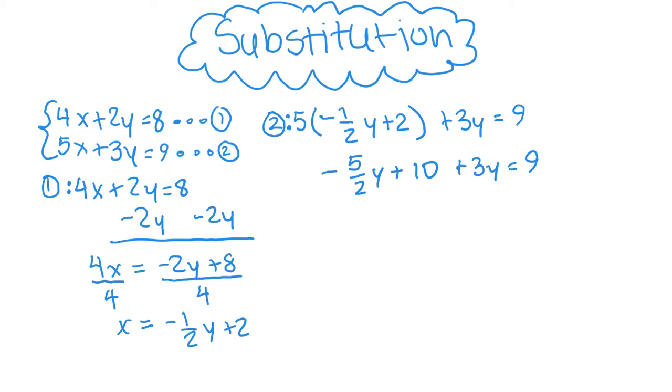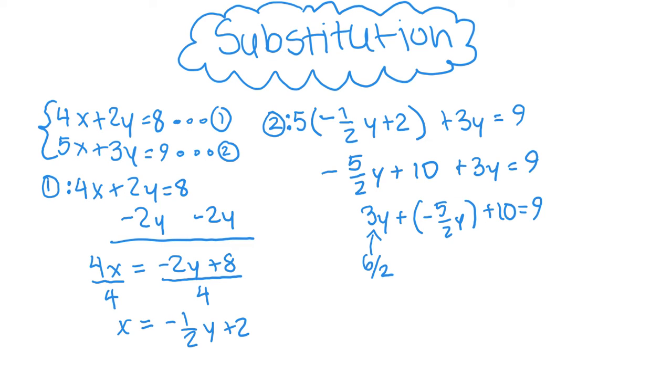Since there's 2 y's on one side of the equation, we just add those together. 3y plus negative 5 over 2y plus 10 equals 9. And so 3 minus 5 over 2y, that's a little difficult for me. So what I'm going to do is a little trick here. I transform 3 into 6 over 2.